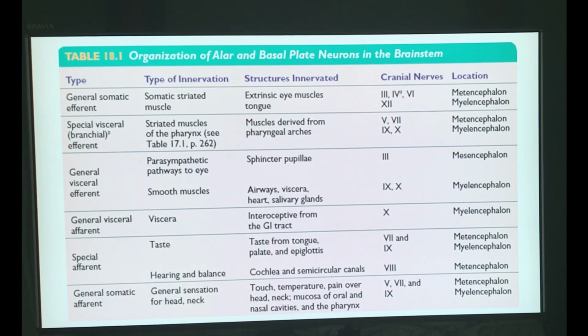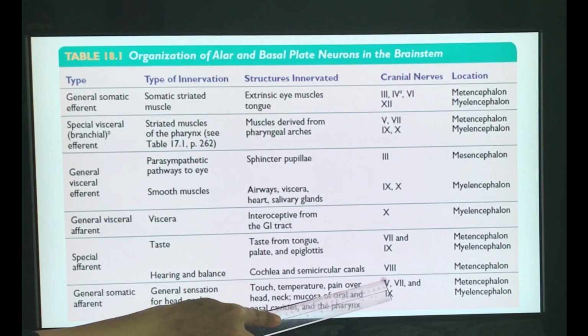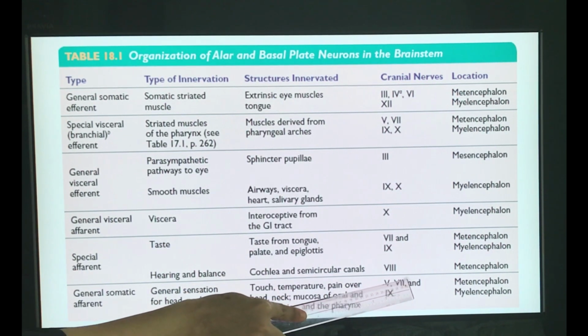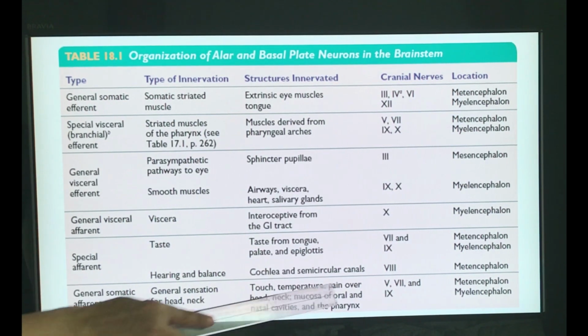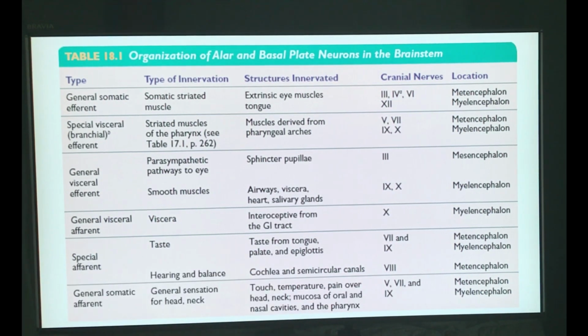But from the head and neck region, they are carried by the cranial nerve, the trigeminal nerve. They are partly carried by the facial and partly by the glossopharyngeal. It's mainly by the trigeminal, but there are certain small areas carried by the glossopharyngeal and facial nerves. So they are categorized under general somatic afferent. Their nuclei are mainly distributed in the metencephalon and myelencephalon.